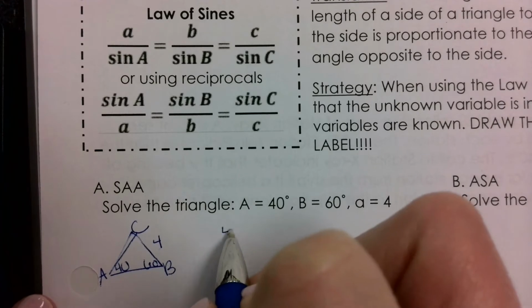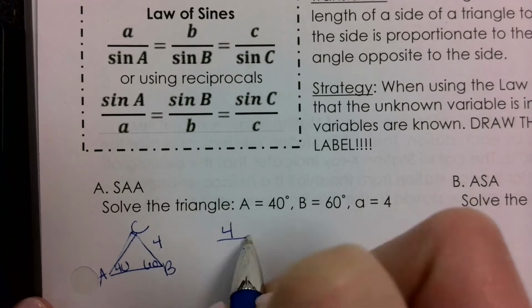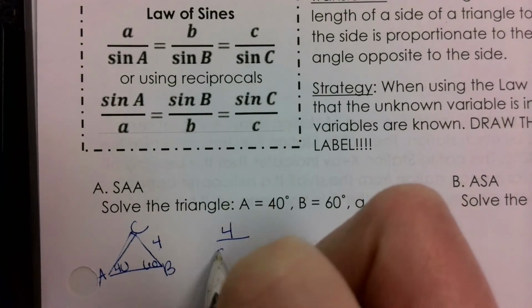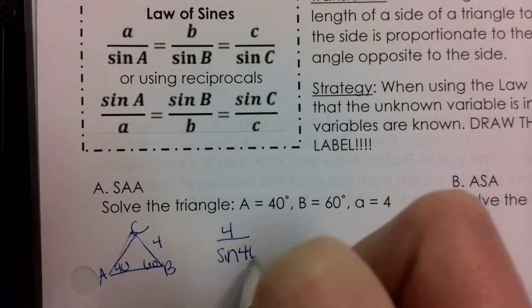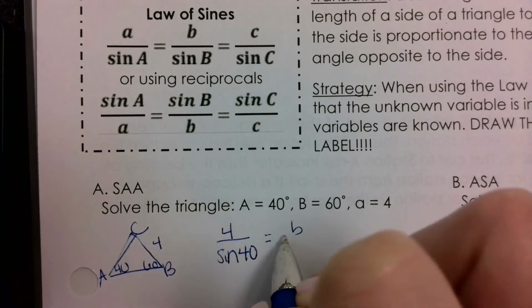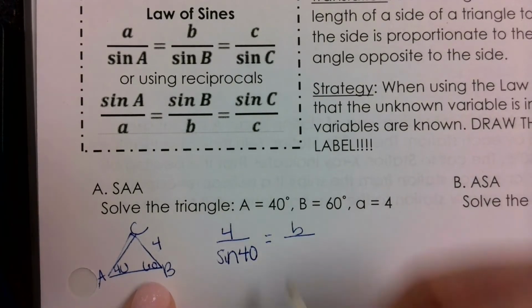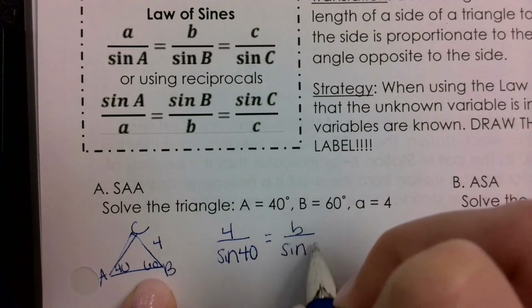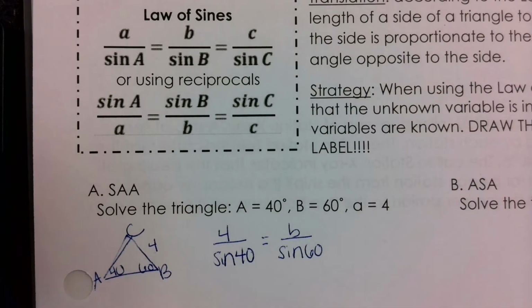So we'll say 4 over sine of 40 equals, and then if we want to find side B, we'll put a little b up top, and then we know that the angle B was 60, so you could say sine of 60 on the bottom there. Is that okay?